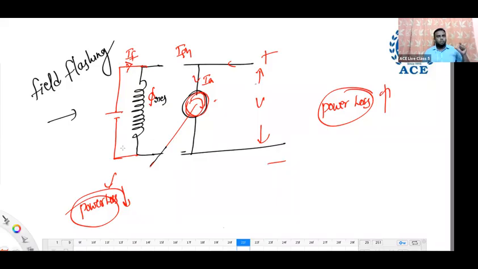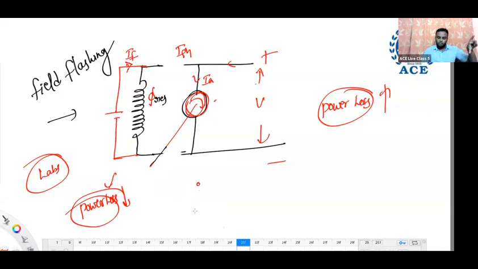And this is the easiest method in the labs. Easy or not? How? Try to remember your lab experiments. There are panel boards with shunt generator, series generator, and so on.